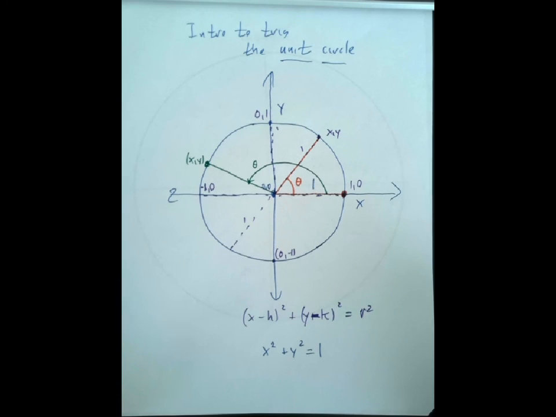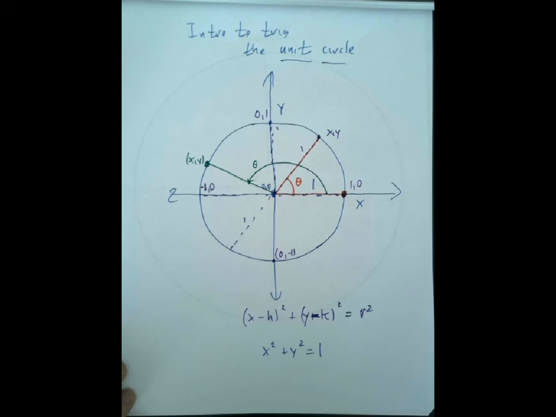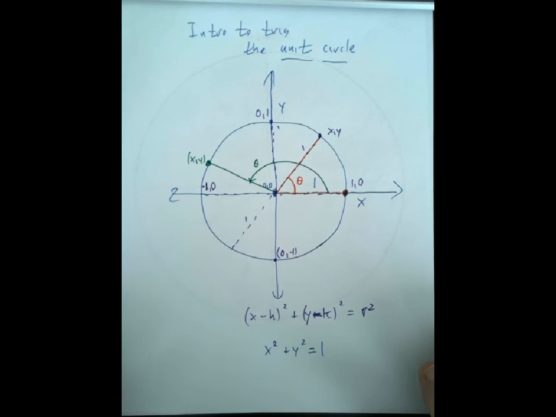Now, what I want to do here is take this in two stages. With that intro, first we're going to talk about what the XY points are, what those coordinates are, both in radians and degrees. I think I'm going to start up another video for that, because that'll be a longer piece.